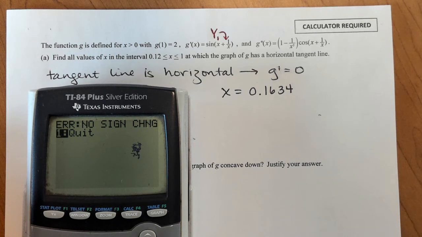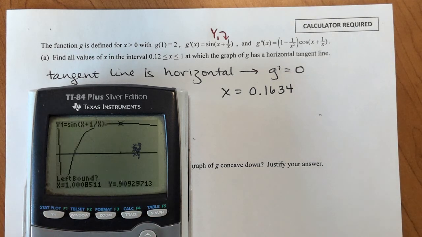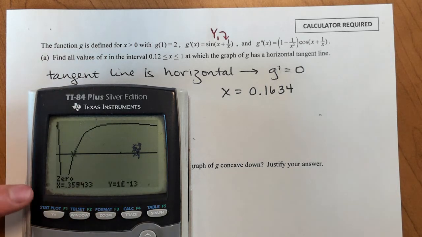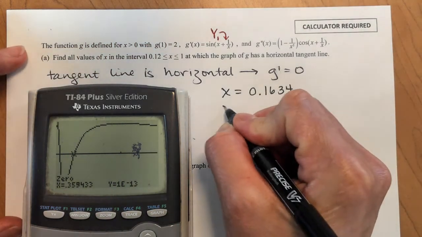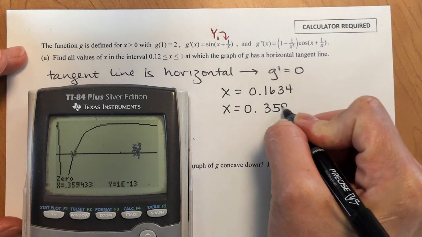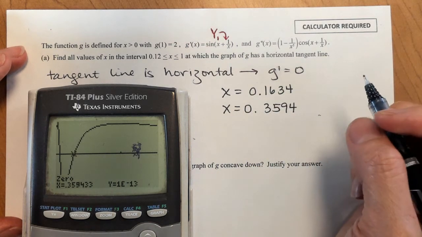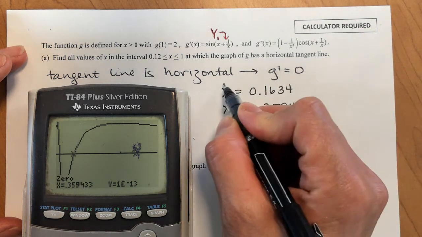Well, that's annoying. Maybe I'll use the arrow keys. That's very peculiar. Anyways, I've got a second one. X equals 0.3594. And, yeah, those are my two answers.